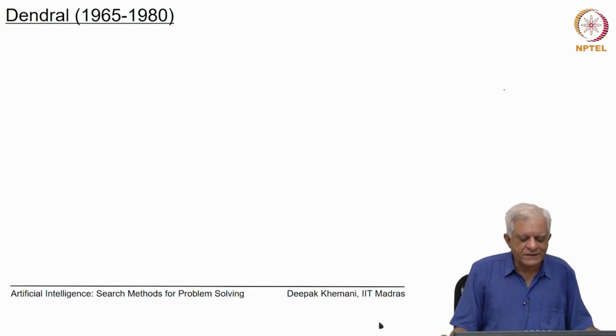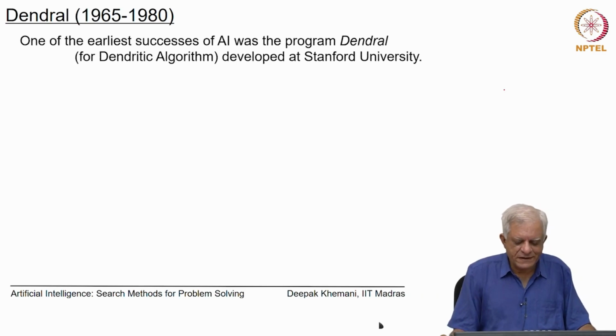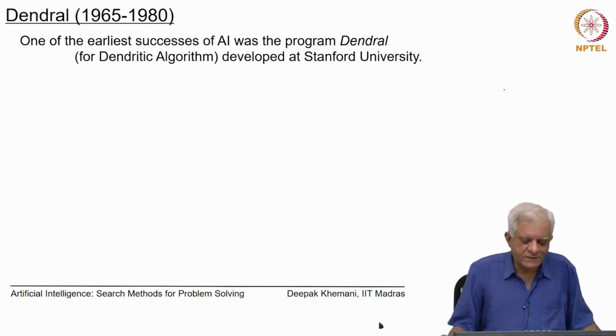Around that time, the 70s and the 80s of the last century, was in some sense the wave of expert systems, just like nowadays there is a wave of deep neural networks. At that time, there was a wave of expert systems, and Dendral was one of the pioneering programs which led that whole activity. In fact, it is seen as one of the earliest successes of AI, developed at Stanford University.